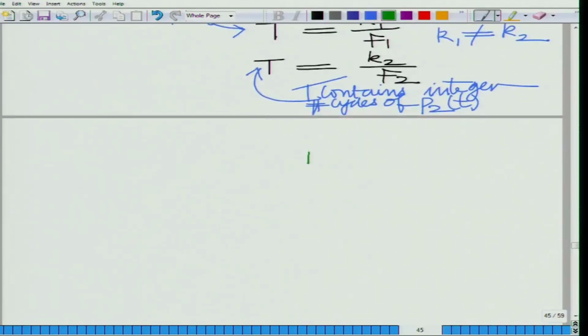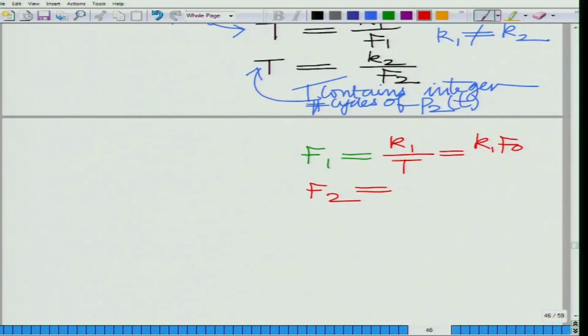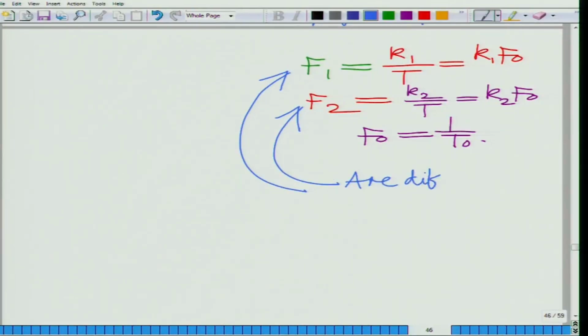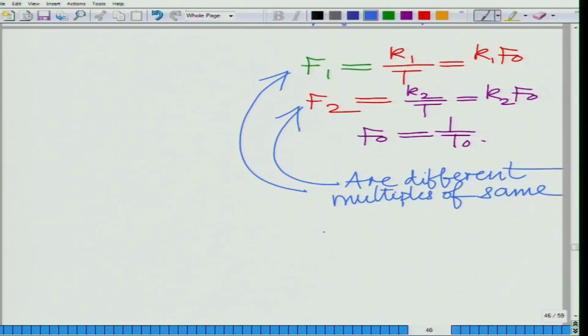Okay. Now, another way to look at this is in terms of frequency. f1 is equal to k1 over T, I can write this as k1 f0, where 1 over T equals f0, and f2 equals k2 over T equals k2 f0, where f0 equals 1 over T. So, you can see f1 and f2 are different multiples of the same fundamental frequency f0.